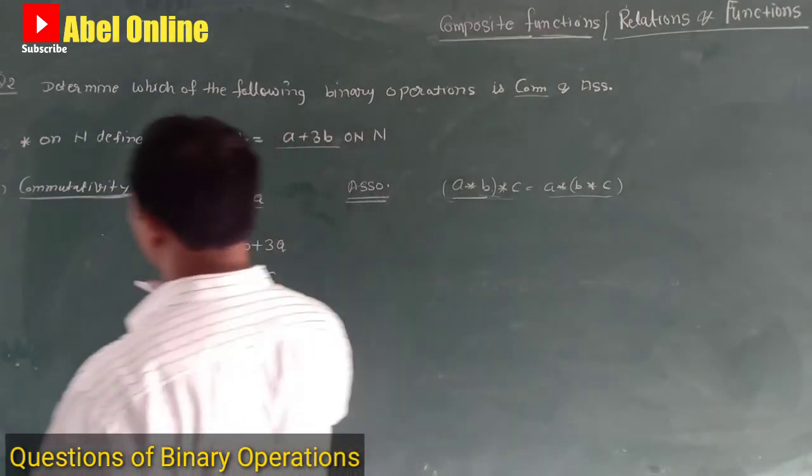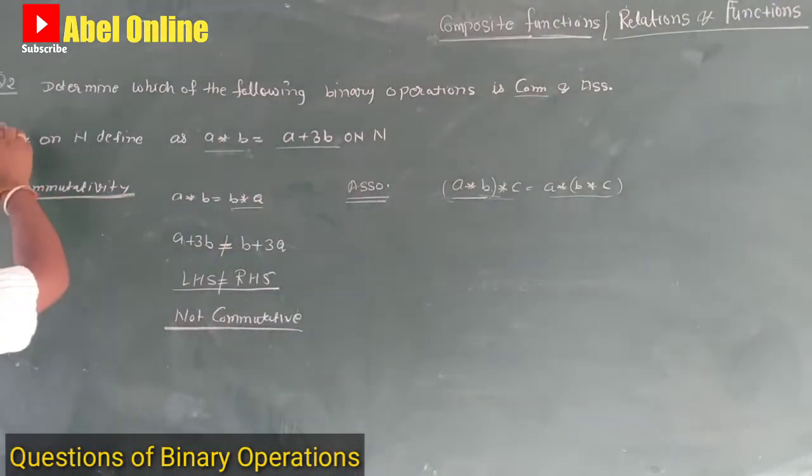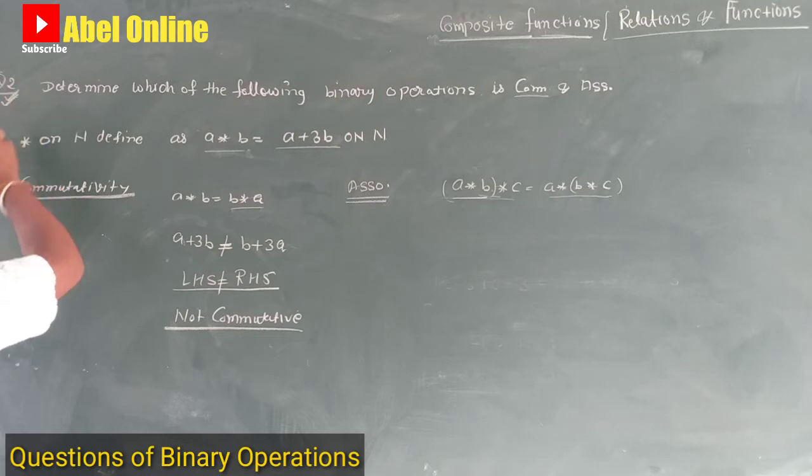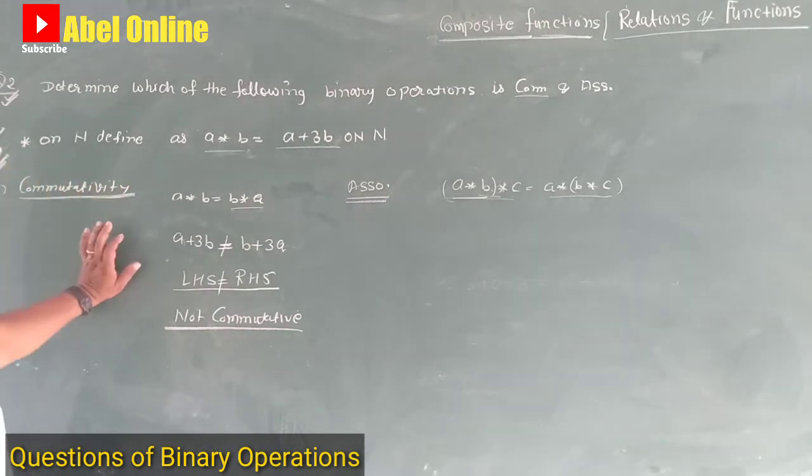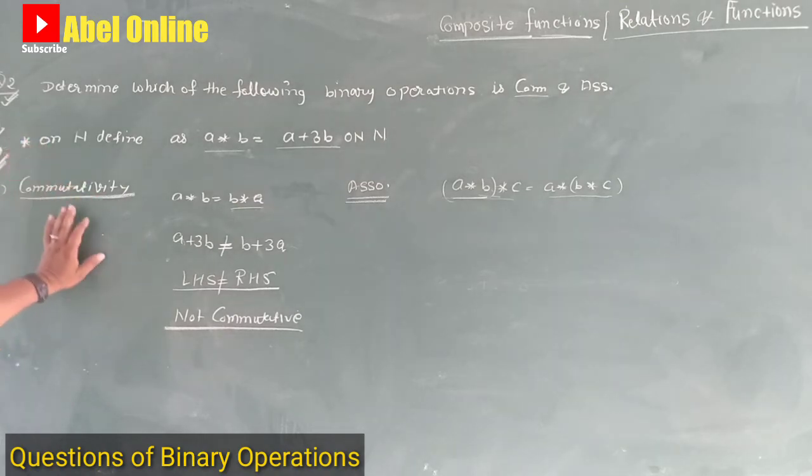We are checking, this is not part of this question, so we can say that this is an extra question. Okay, so this is an extra question, and after it we solve question number 2.